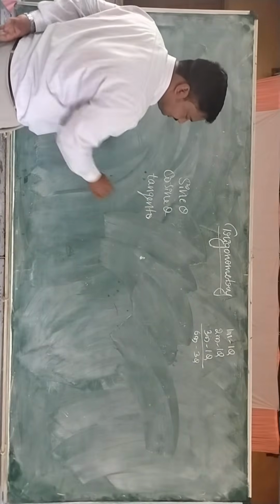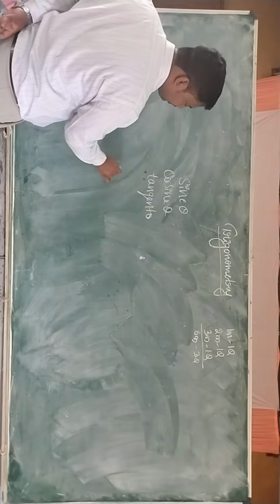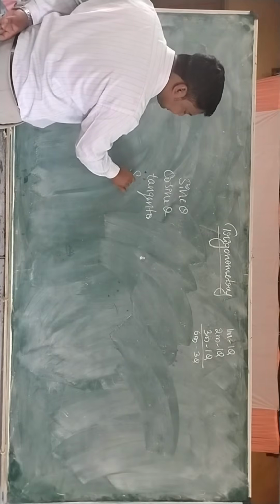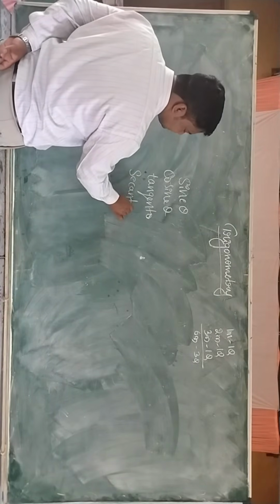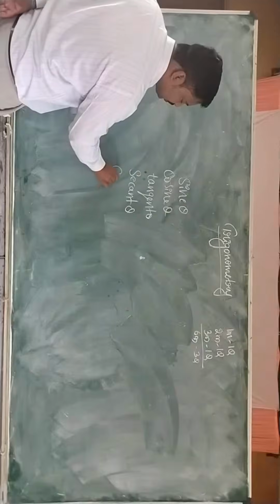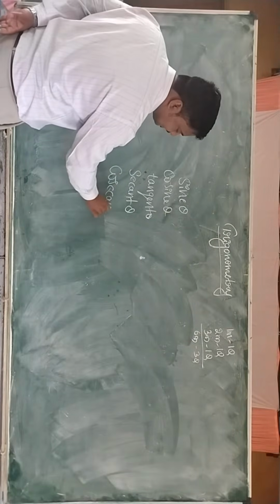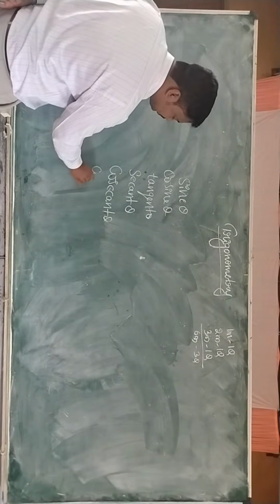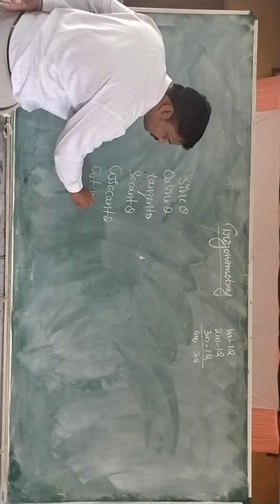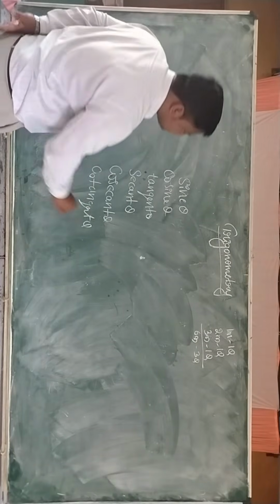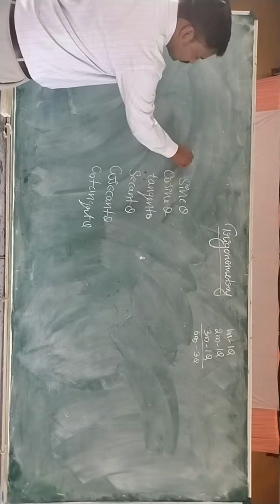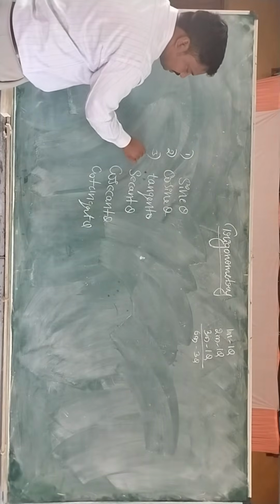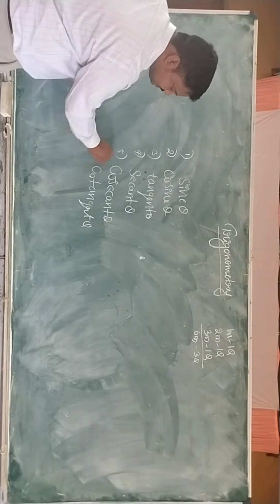Next one, secant theta. Next one, cosecant theta. And next one, cotangent theta. So these are the 6 trigonometric functions.